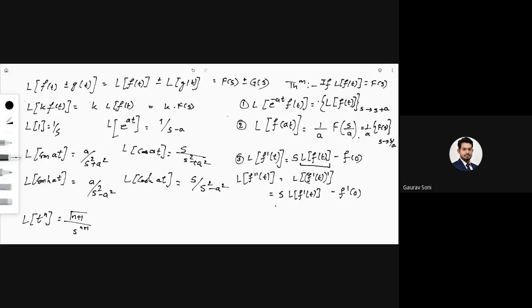Then I take the formula for Laplace of f dash of t, which is s into Laplace of f of t minus f of 0, minus f dash of 0. We can open the bracket, and what do we get? s square Laplace of f of t minus s times f of 0 minus f dash of 0.